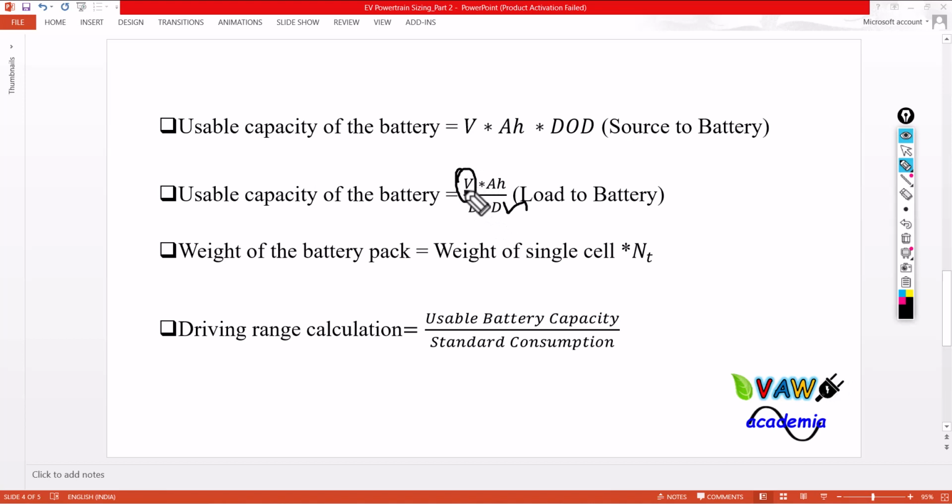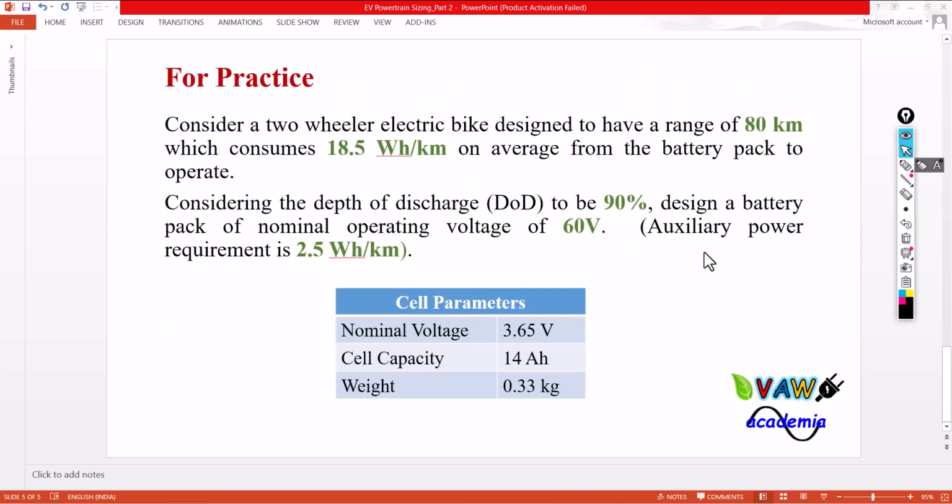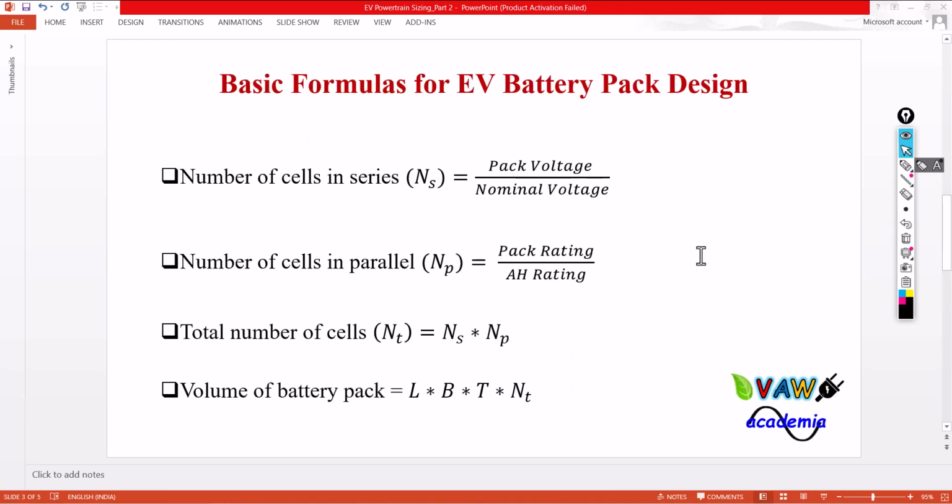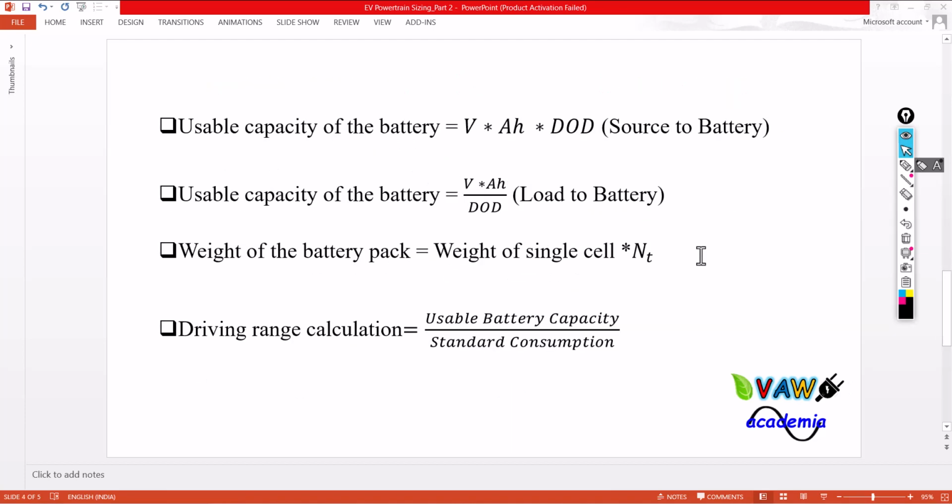What is the voltage? Voltage is given, I need 60 volts. Then how to calculate ampere hour? We have a total capacity, right? From the total capacity, you can easily calculate ampere hour. So based on the given data, you can do the same thing also. Clear?